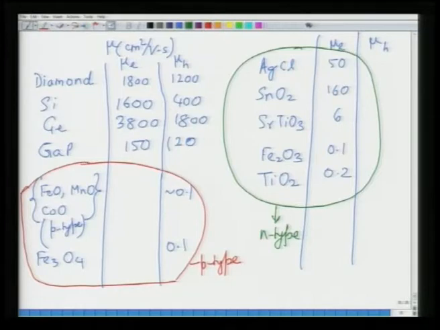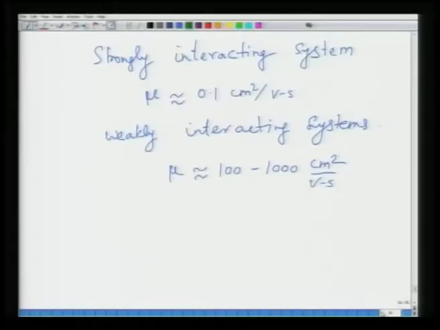So these are the values, and as you can see, they compare very poorly with the other systems. These mobilities are extremely low as compared to other materials, and we said strongly interacting systems and weakly interacting systems.